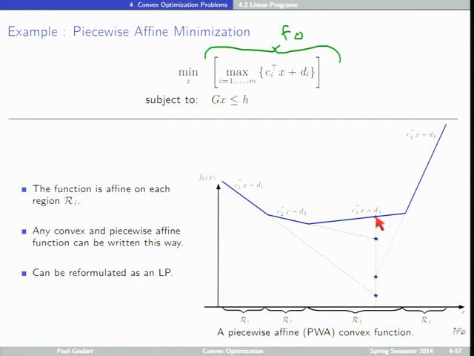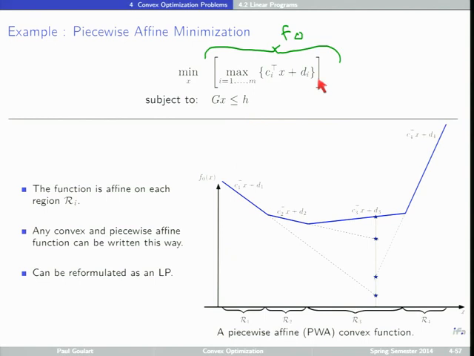And I claim to you that I can rewrite this optimization problem as a linear program. So first of all, I point out to you that I can even include this extra inequality constraint, which would tell me something like the domain over which this max function is interesting to me. Okay? And I also claim to you, which I won't show you, is that if you have any convex and piecewise linear function, you can always write it as the max of a bunch of functions like this.